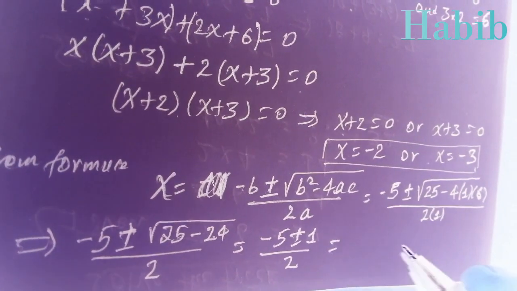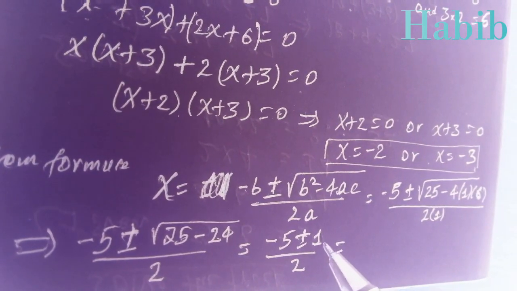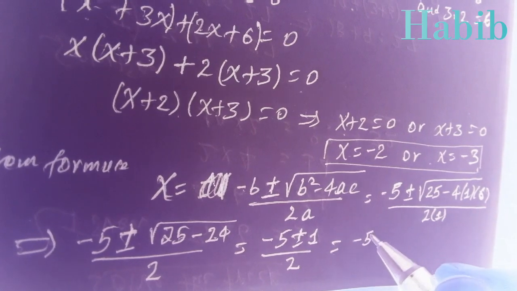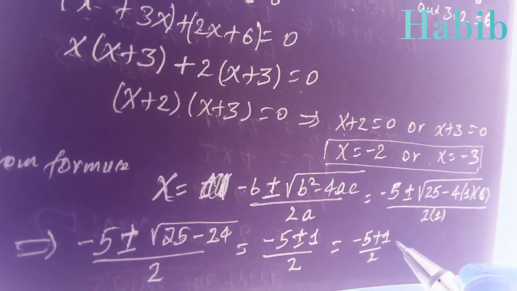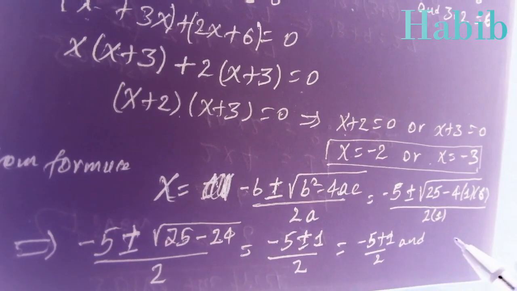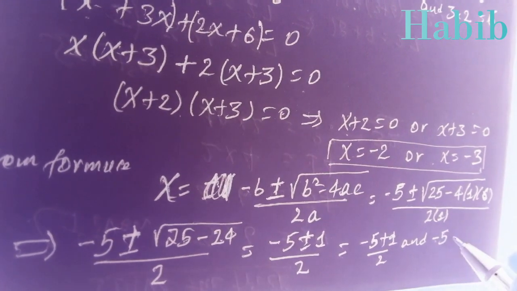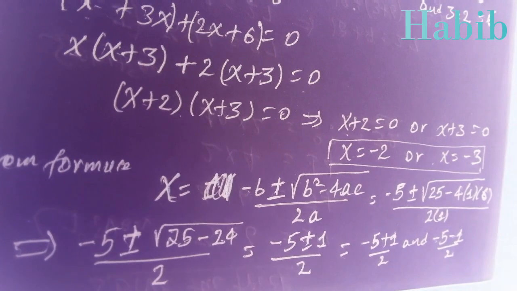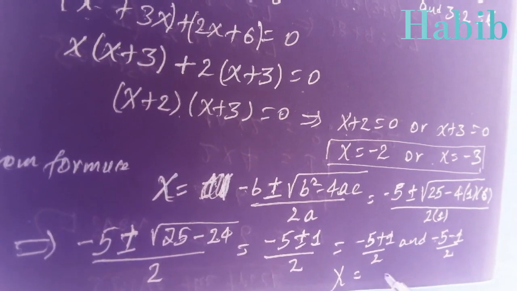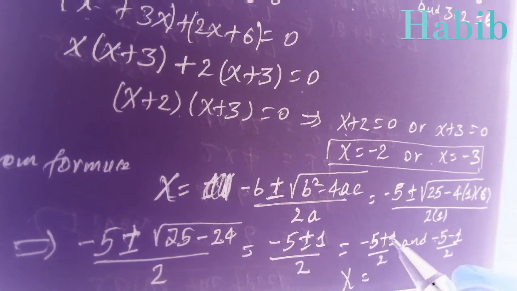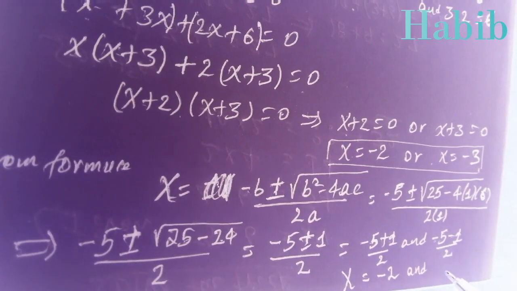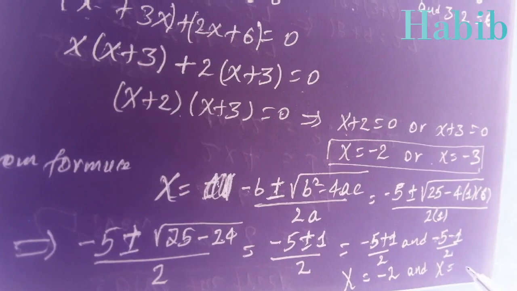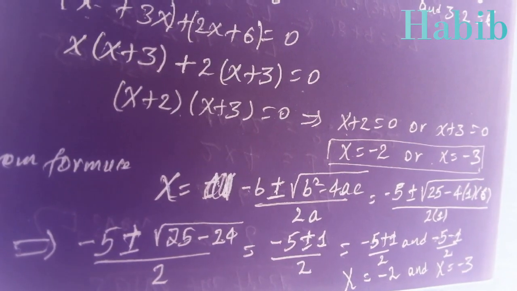From this, we can separate the plus or minus into two forms. That means minus 5 plus 1 over 2, or minus 5 minus 1 over 2. This becomes minus 4 over 2, which is minus 2, and minus 6 over 2, which is minus 3.